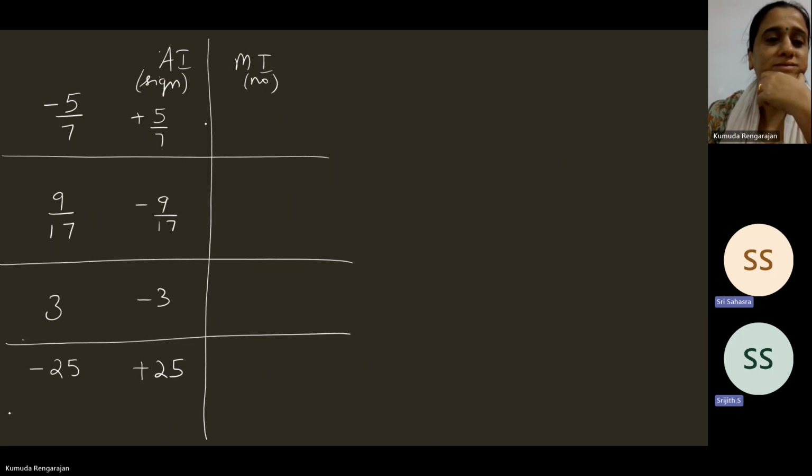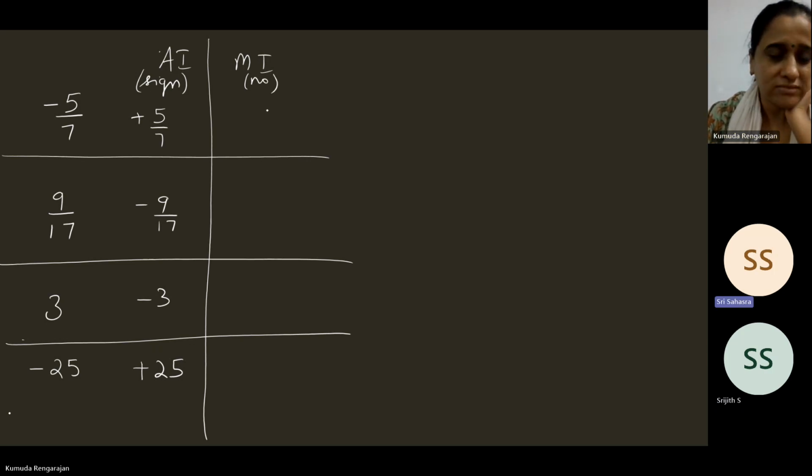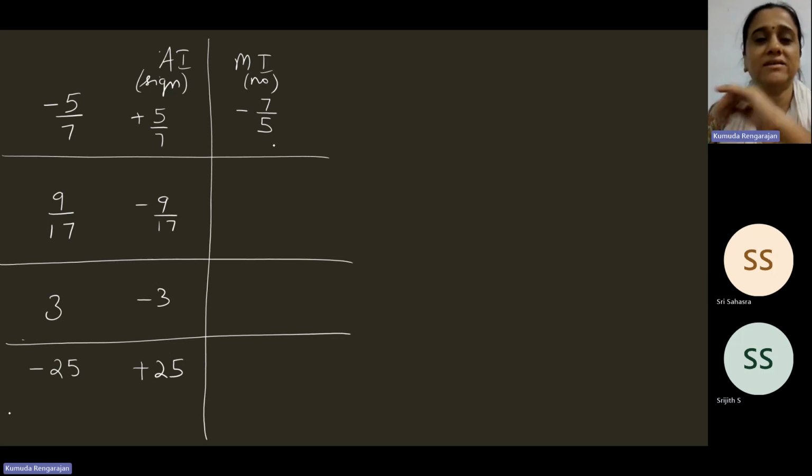7 by 5. Minus 1 by 5. Sahasra, you were wrong. Disturb the number. What's the number? Don't disturb the sign. Disturb only the number. 5 by 7 should be 7 by 5, with the same sign.